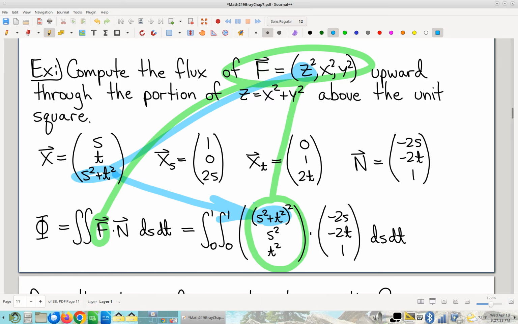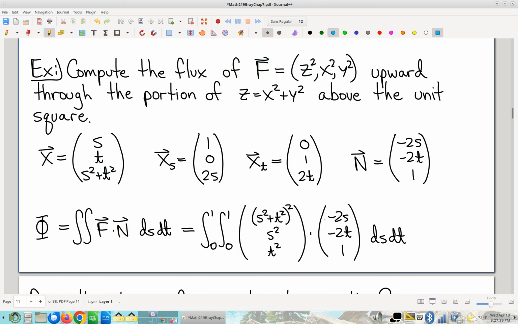It's plugging in the formula for z given in the parameterization. Okay, all right, likewise for x and y. x, well, it says right there, is s, and thus that s right there. Okay, so how are we doing on this example? Is everybody feeling pretty good? Very plug and chug.